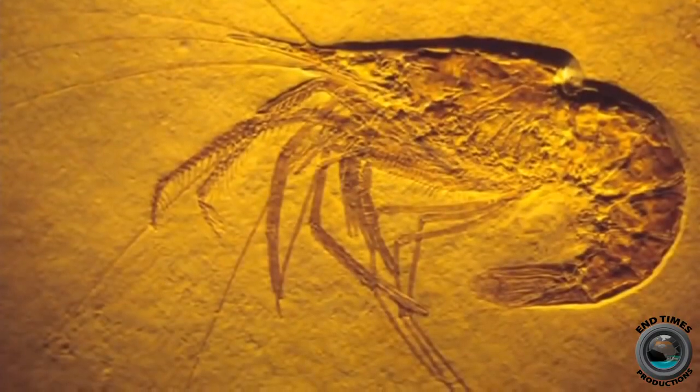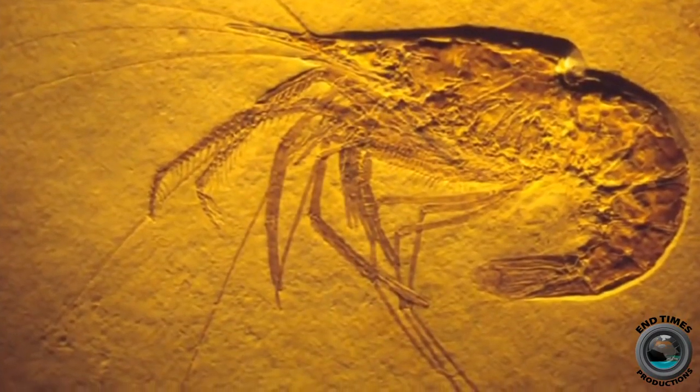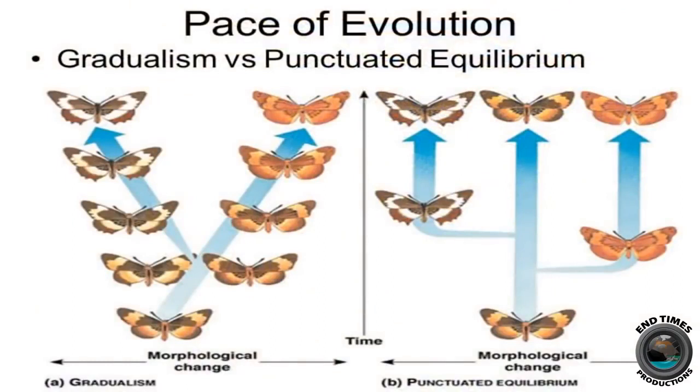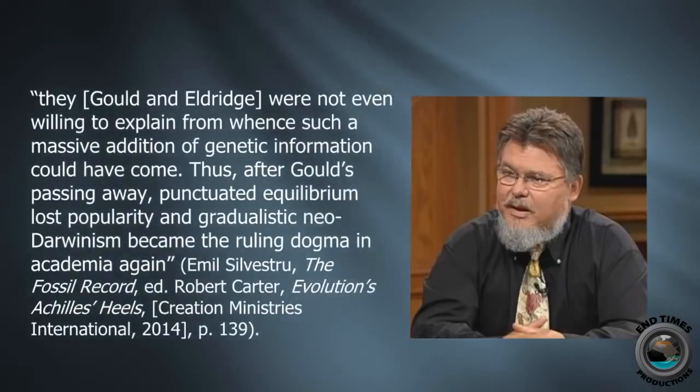Indeed, Gould admitted there are serious problems with the fossil record. Yet, he went on to claim that his punctuated equilibrium idea, that evolution occurred through sudden big jumps, could solve this problem. However, his proposed solution turned out to be erroneous as well. As Emil Silvestru notes, quote, "They, Gould and Eldredge, were not even willing to explain from whence such a massive addition of genetic information could have come."